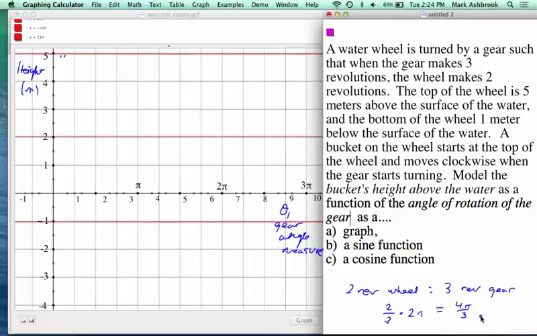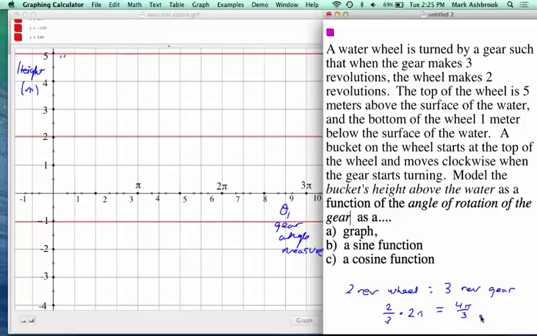The gear makes 3 revolutions, the wheel makes 2 revolutions. Is the wheel turning slower or faster than the gear? Slower. So its period is going to be less or greater? Period is the interval of input to get a full cycle of output. So if the wheel is turning slower than the gear, we saw this with the bike and the tire valve, right?